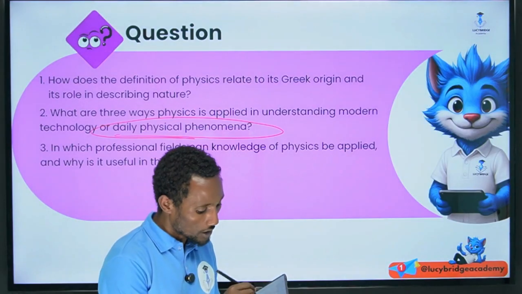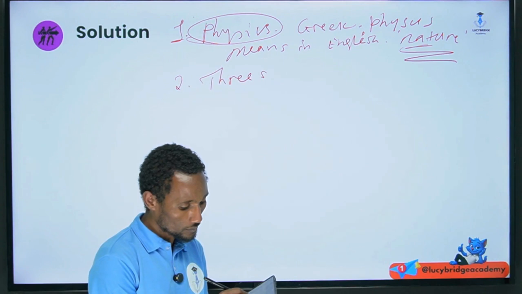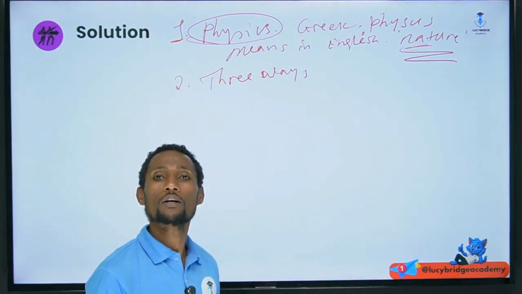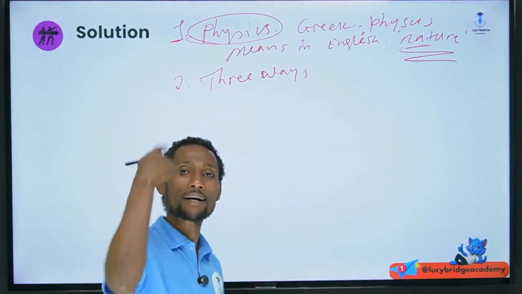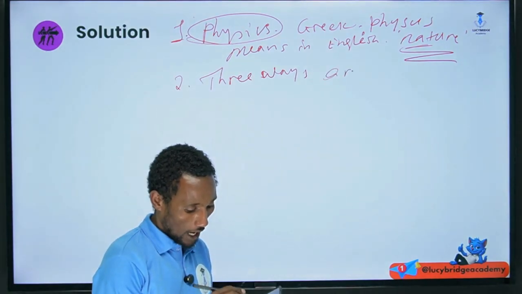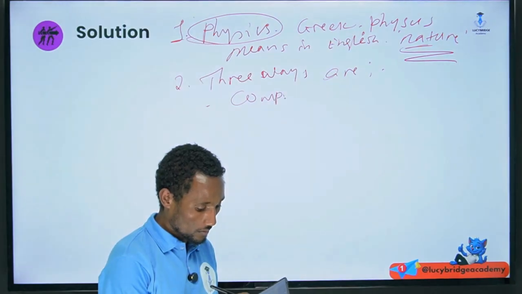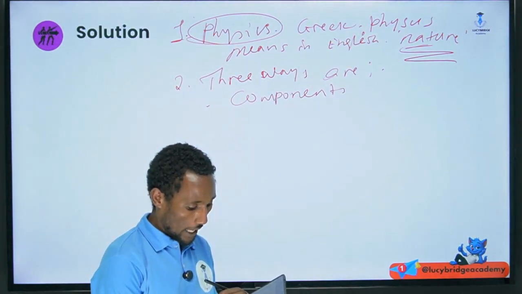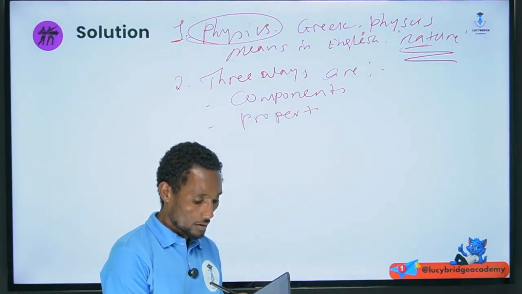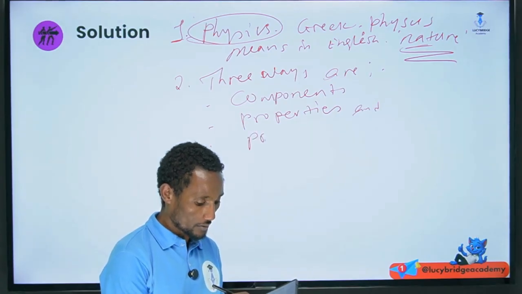The 3 ways to understand nature and natural phenomena, for another level of understanding of technology, are the components, properties and process of nature.